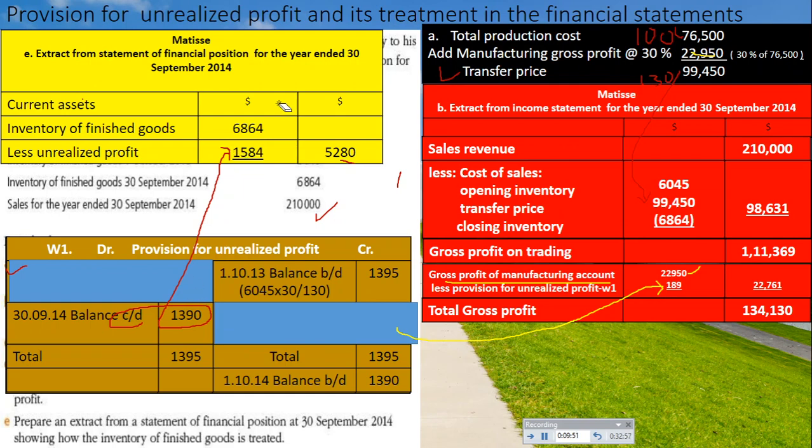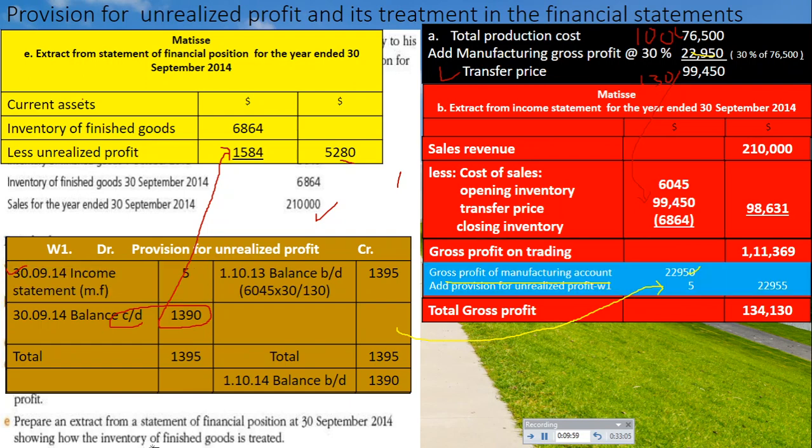This thing will remain the same. It will not be affected. So let's have a look. So see, you don't have any balance out here. Here is your balance. Now this 5 will be changed out. See, we are adding up. We add provision for unrealized profit. You add up and you get this. And then when you add up, this data also changes down your total gross profit. So what about in the statement of financial position? Here you need to deduct 1390 itself.